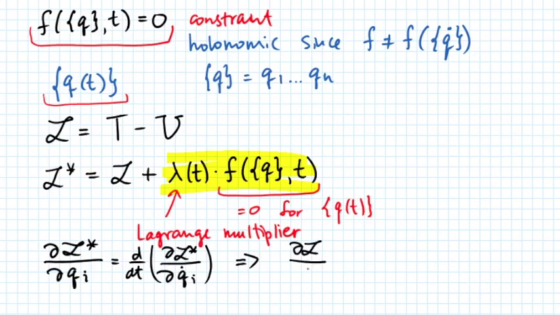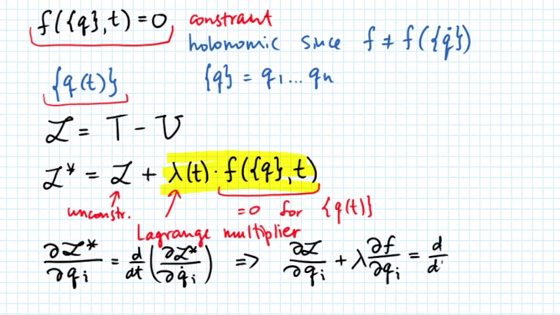On the left hand side we have the partial derivative of the unmodified, unconstrained Lagrangian plus a term that comes from the Lagrange multiplier and the partial derivative of f with respect to coordinate q sub i, equal to the full time derivative of the partial derivative of the unconstrained Lagrangian with respect to velocity q sub i dot.